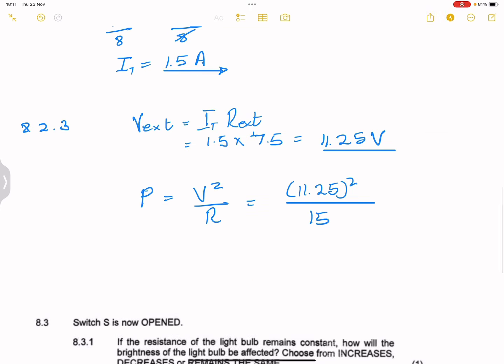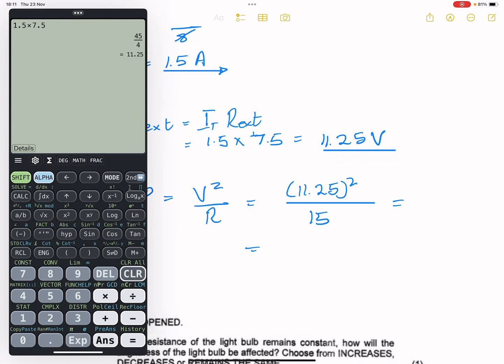But as I said, what you could have done was to find the current that passes through that resistor. And please try to do that and tell me if you do get to the same answer. Okay, so that's 11.25 squared divided by 15. Okay, I get power of, let's say 8.44 watts.